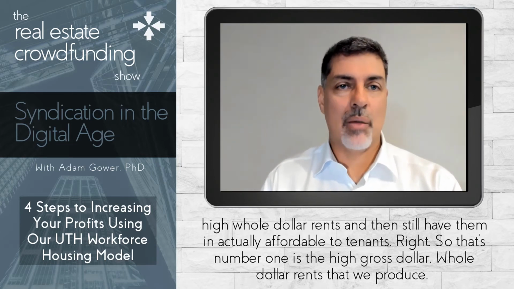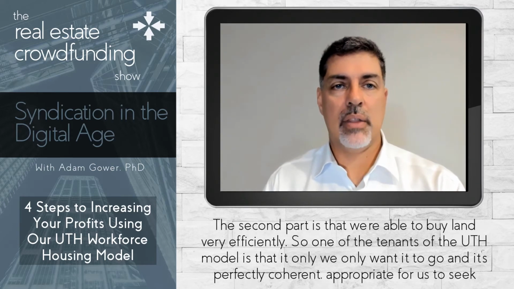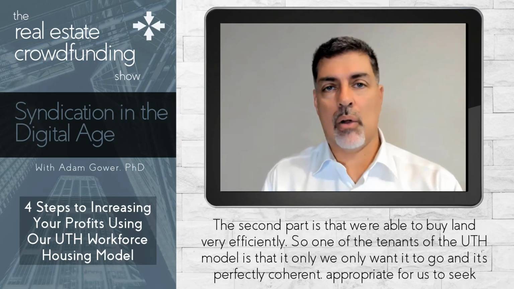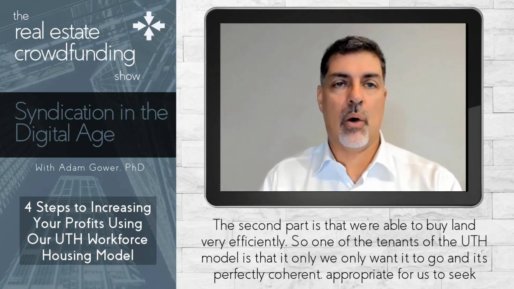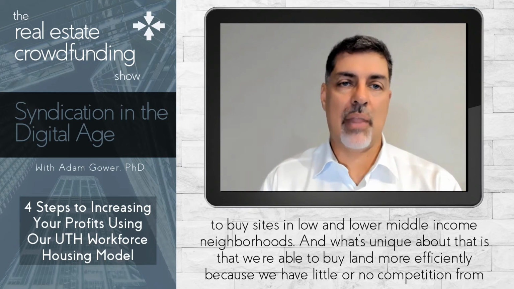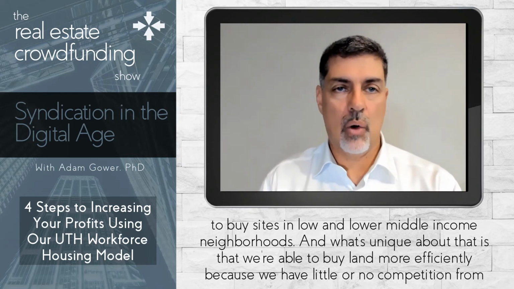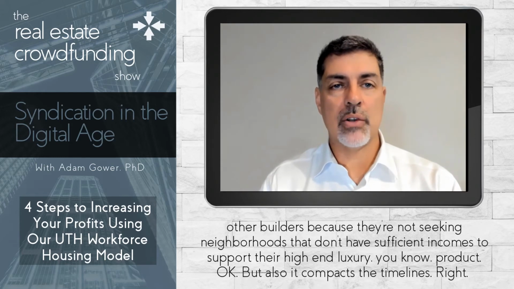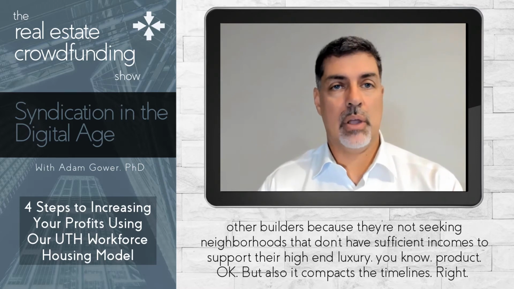The second part is that we're able to buy land very efficiently. One of the tenets of the UTH model is that it's perfectly coherent and appropriate for us to seek to buy sites in low and lower middle income neighborhoods. What's unique about that is that we're able to buy land more efficiently because we have little or no competition from other builders, because they're not seeking neighborhoods that don't have sufficient incomes to support their high-end luxury product.